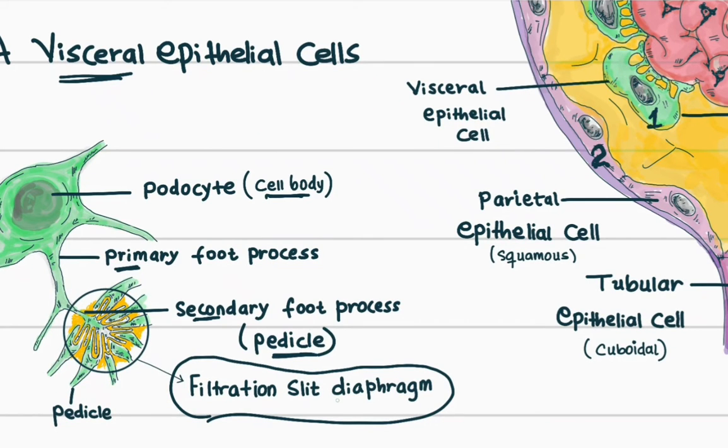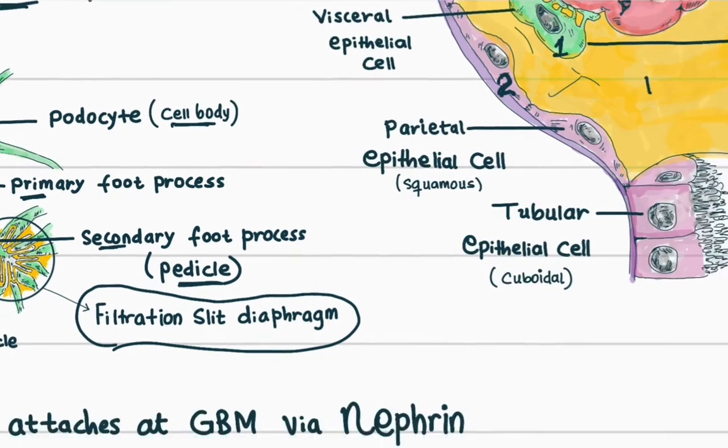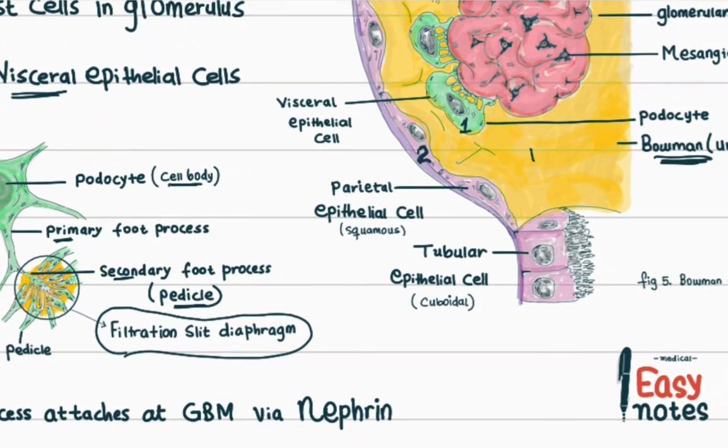This structure acts like a glomerular basement membrane. It makes the glomerular basement membrane stronger and firmer, preventing leakage of important plasma proteins.